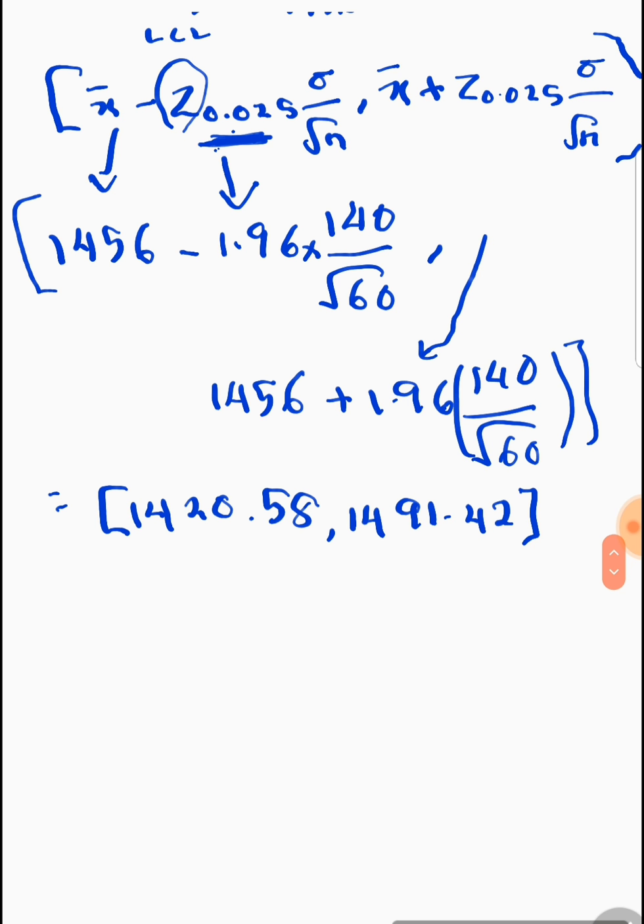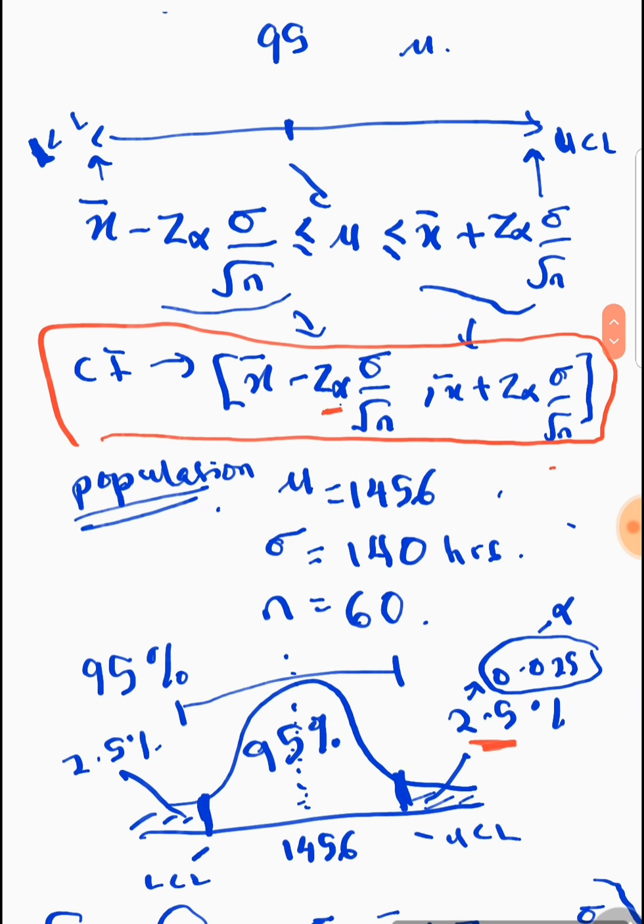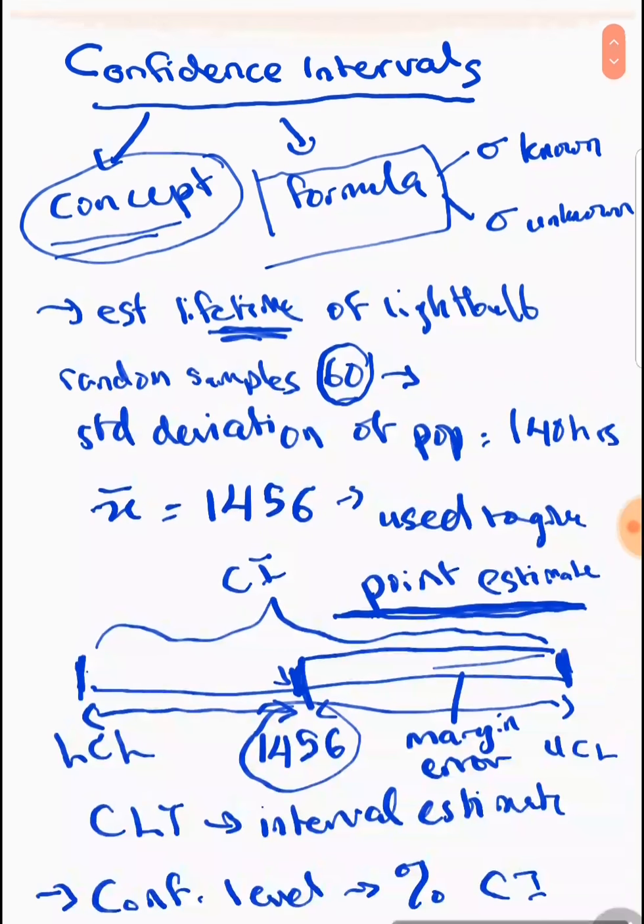So from here, we have actually looked at an example. Remember earlier when I mentioned that we have looked at the concept, and then we have looked at the formula. In fact, if you look at the question earlier, do they give us the sigma, which is the standard deviation? They do, right?